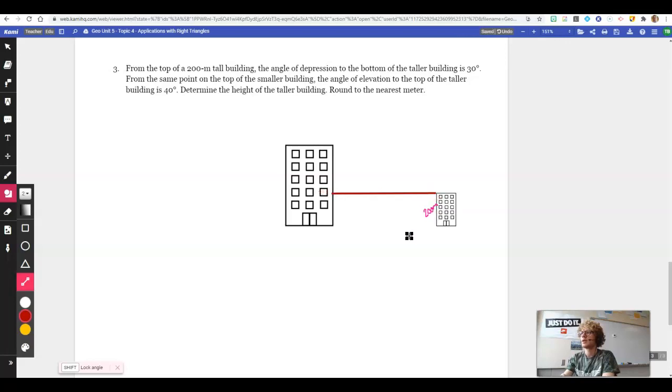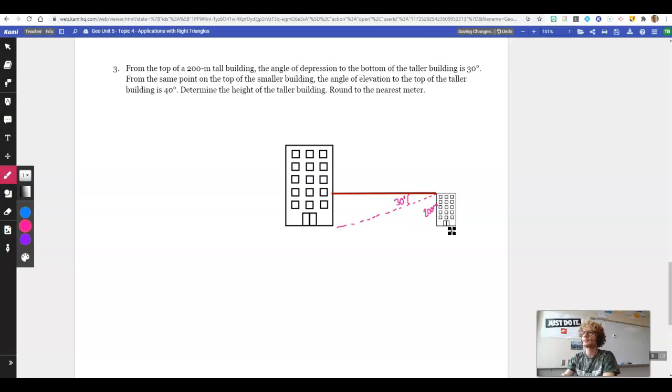Good enough. Okay, there's that. And the angle of depression is 30 degrees. So I'm going to draw a line down to the bottom of the taller building, and that is 30 degrees.